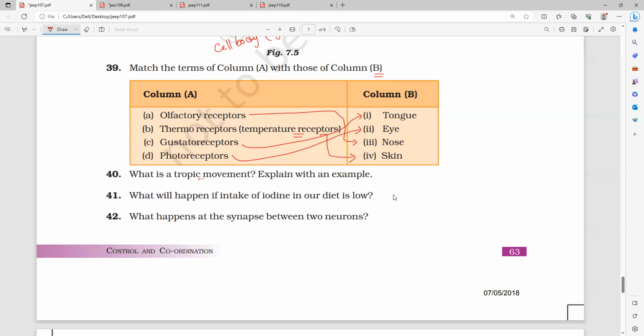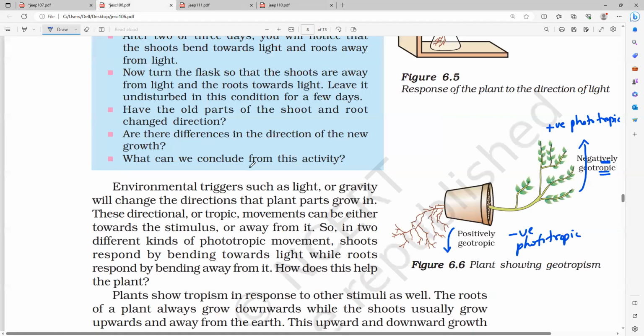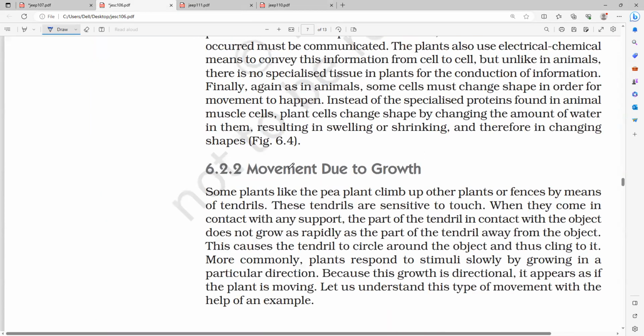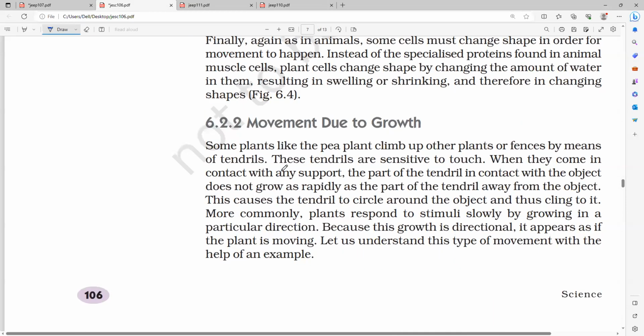Next, what is tropic movement and explain with an example. So page number, anybody? In the book, you can notice tropic movements. Tropism, of course, I have given you, you can write that also.